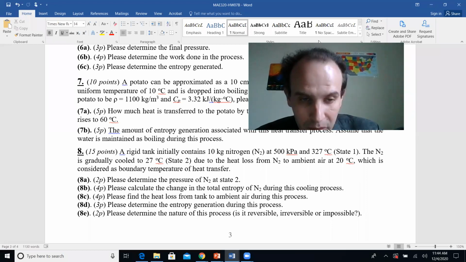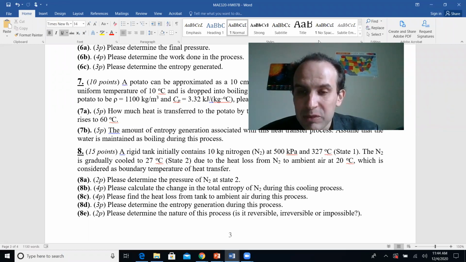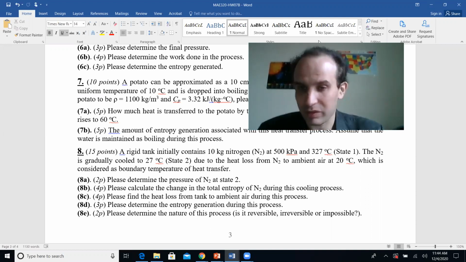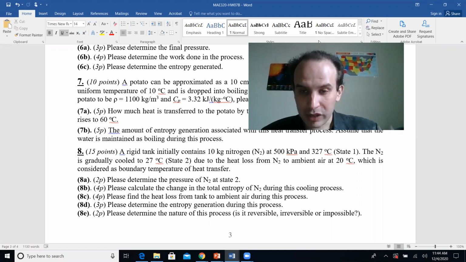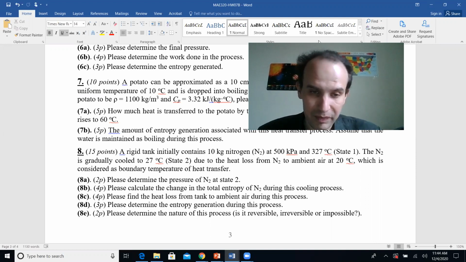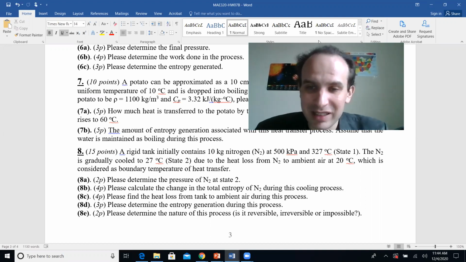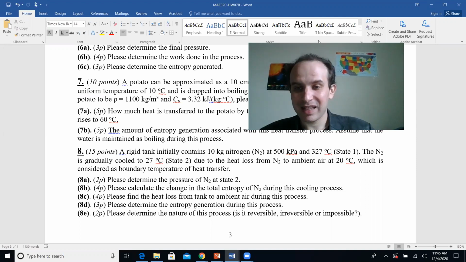That's why I told you, if at your final exam you don't know how to use property tables, you have no chance to pass. You will not solve any single problem in your final at all. Even if you understand entropy, you will not be able to use tables to calculate it. In contrast, I told you the example of people who get a C if they have a small gap.